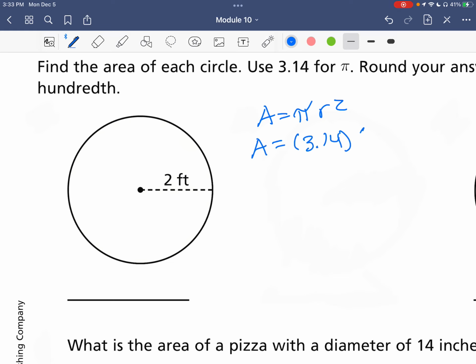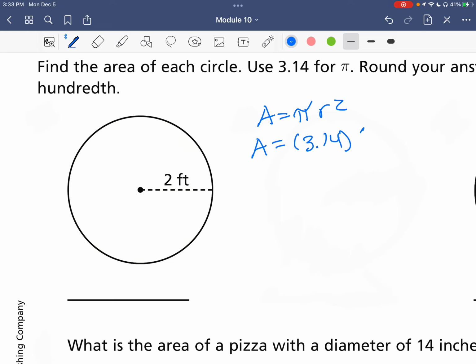And remember, 3.14 times 2 times 2. Okay, 2 times 2 for that 2 squared. Multiply that out, be aware of your decimal, and then unpause the video when you are good to go. That should be 12.56 feet. And we are not going to forget our squared, okay? Square units, so feet squared for our answer there.